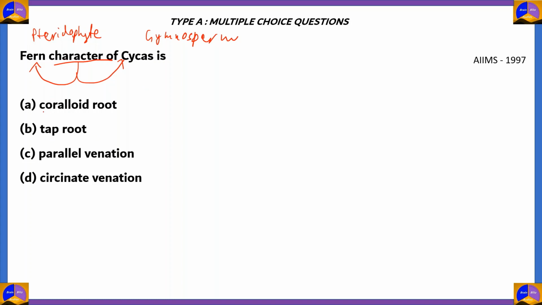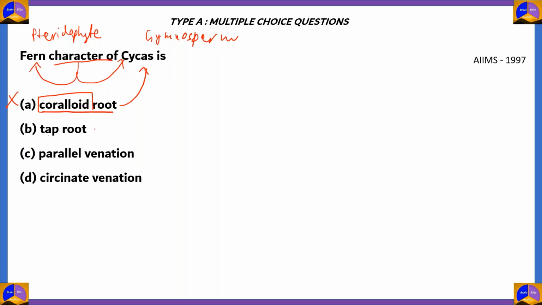Option A, coralloid root. Now this is found in Cycas. These are the special roots where the nitrogen fixing bacteria are present. However, they're not present in ferns, so option A is incorrect. Option B, taproots.